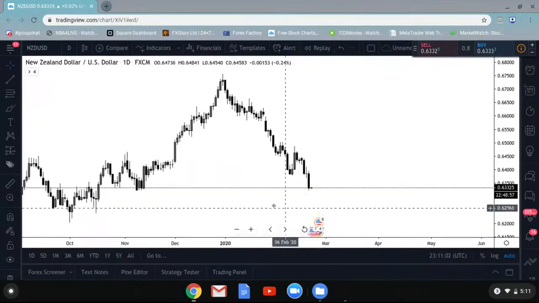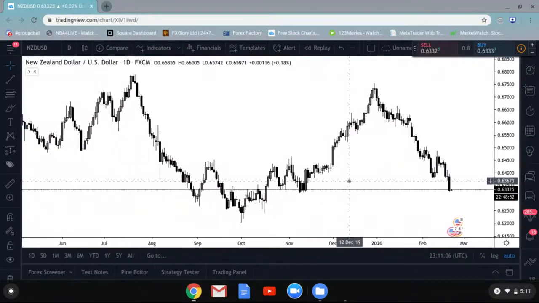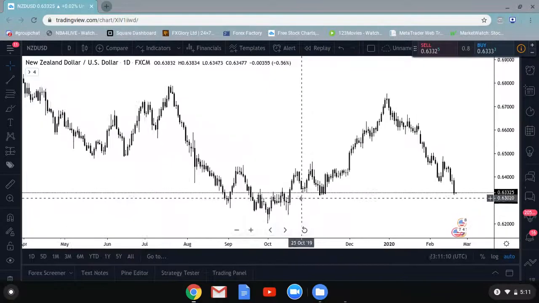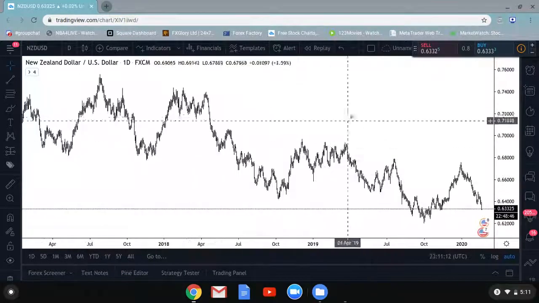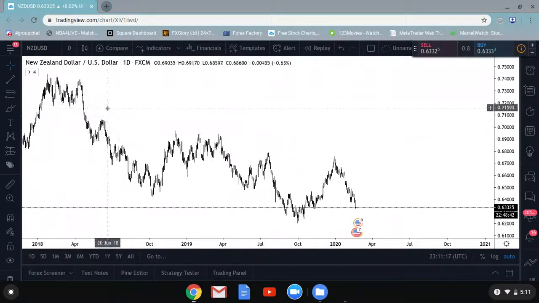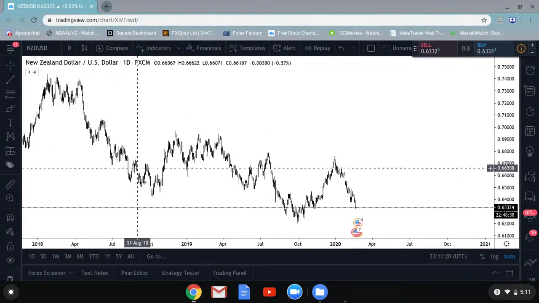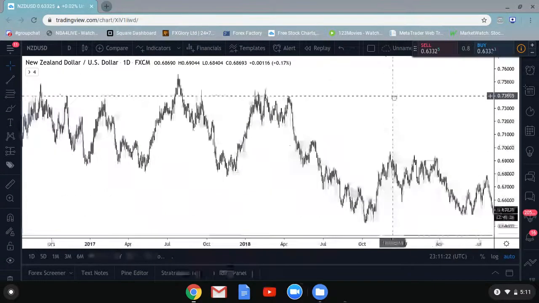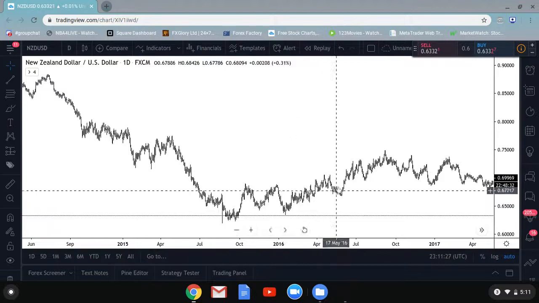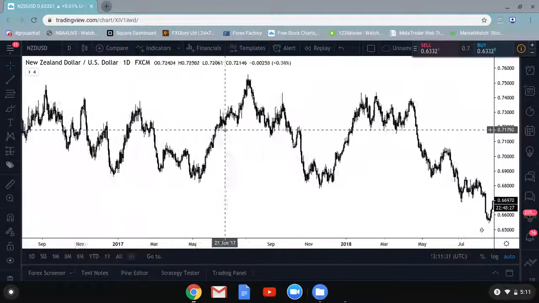So you can see, again, this is the daily chart. You can see those strong bearish phases. You can see over here, strong bullish phases. And then the consolidation, right?